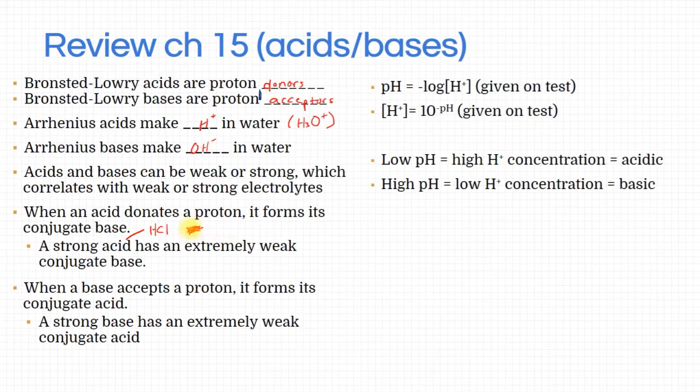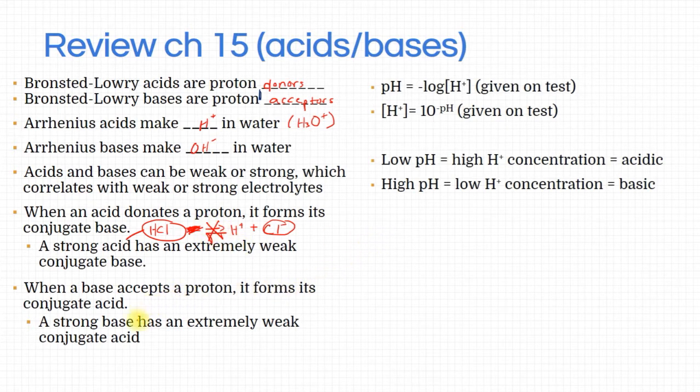Its conjugate would be the thing left over after you give away a hydrogen ion. So here's our conjugate, chloride ion there. It is not a good base. It's a very, very bad base, because the HCl is such a strong acid. It means this chlorine is not very good at accepting hydrogen ions, which makes sense, because if it were, then we would be able to write this reaction going in two directions like so, and we can't.